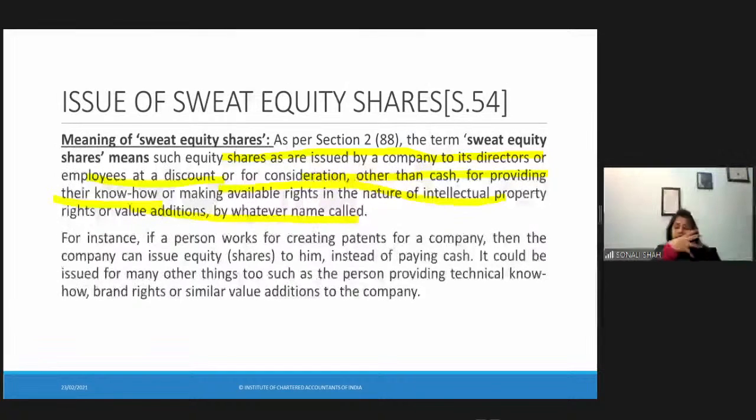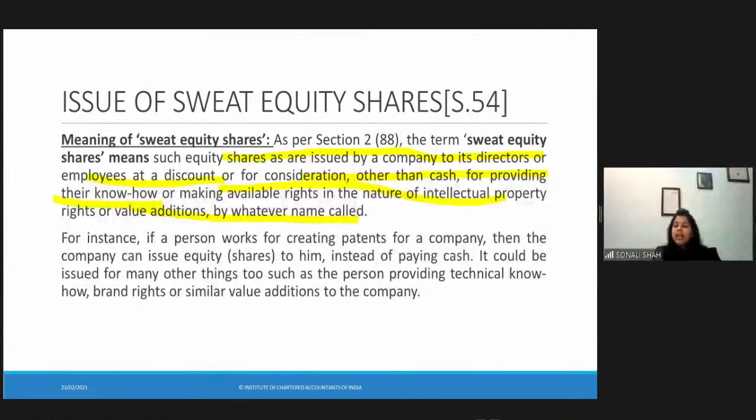So the companies, in order to retain such valuable employees or such people who contribute to the growth of the company, offer them equity shares. So equity shares could be offered in return of IP rights, or they can be offered at a discounted price or for a consideration other than cash also. So this is the concept of sweat equity shares.